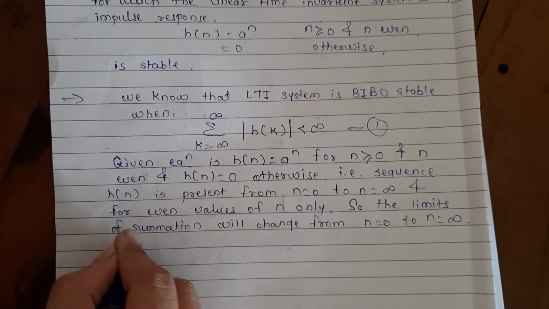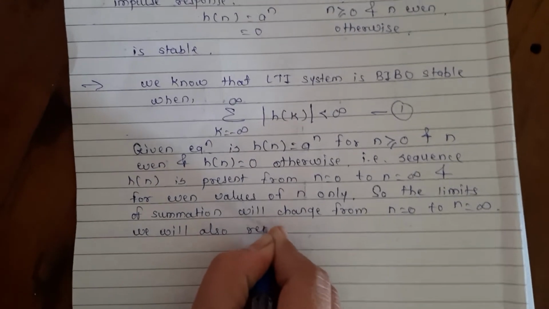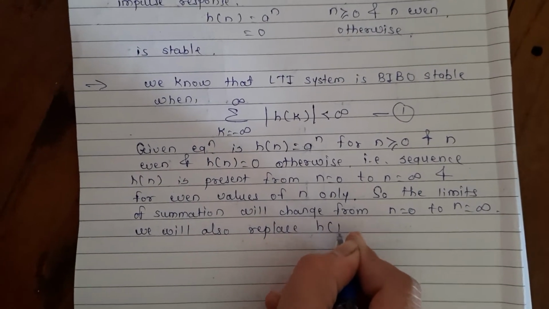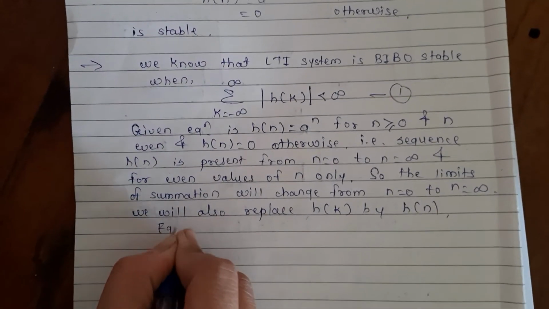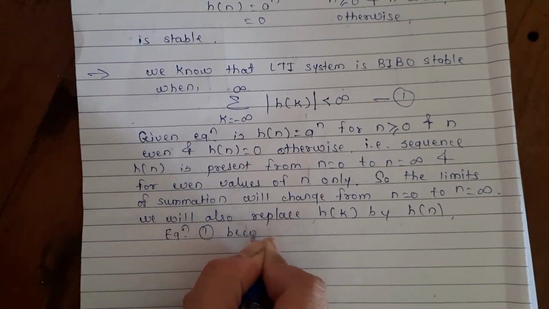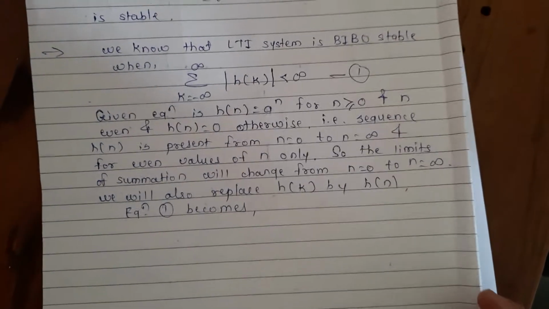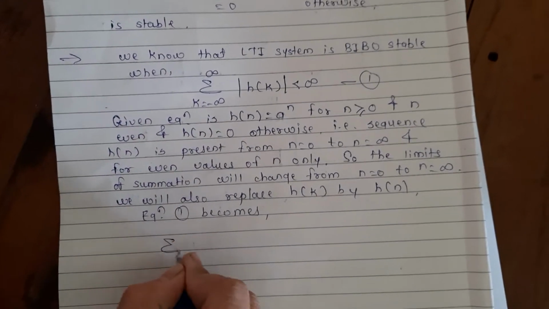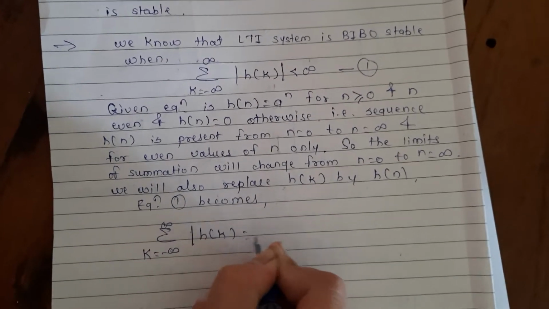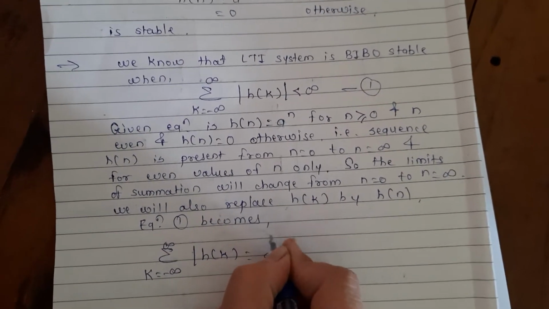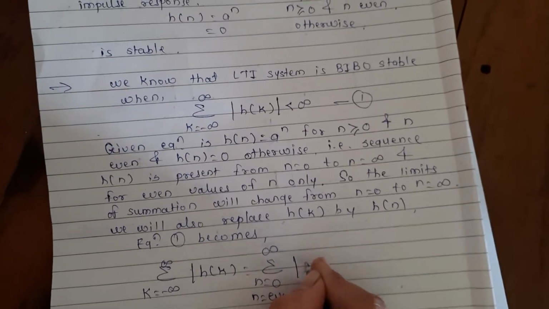So we will also replace h of k by h of n. So equation 1 becomes summation k goes from minus infinity to plus infinity of the magnitude of h of k is equal to summation n goes from 0 to infinity, where n is even, of the magnitude of a raised to n.